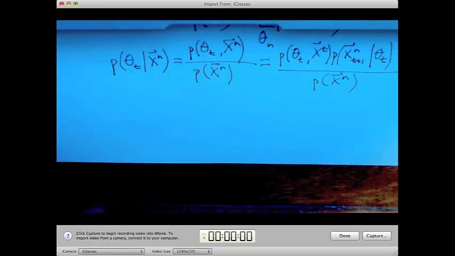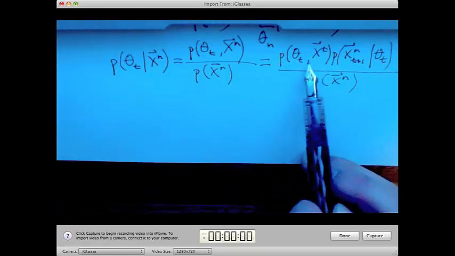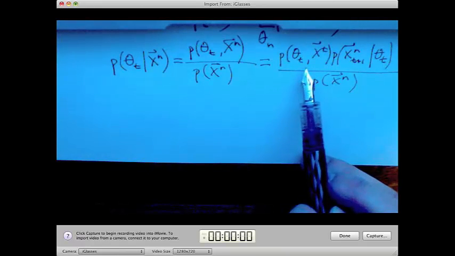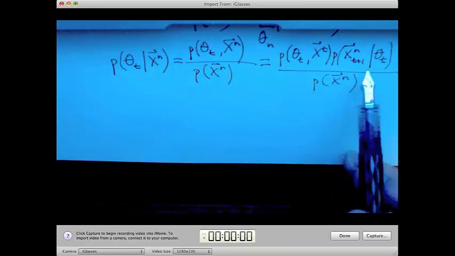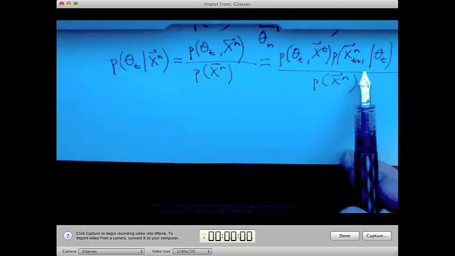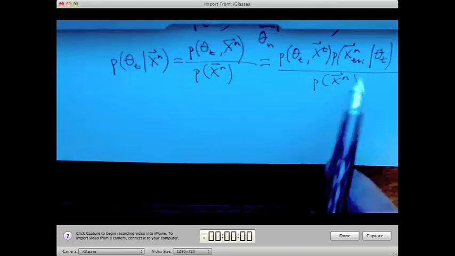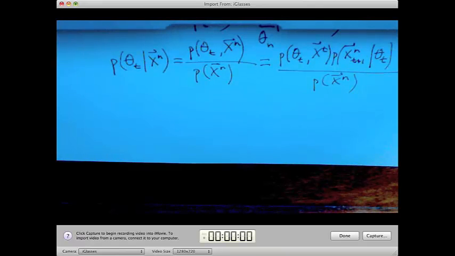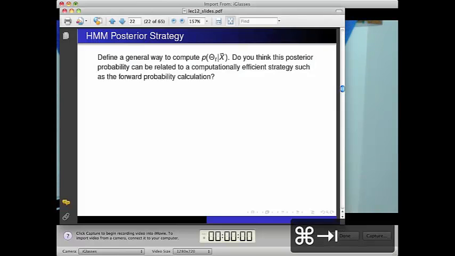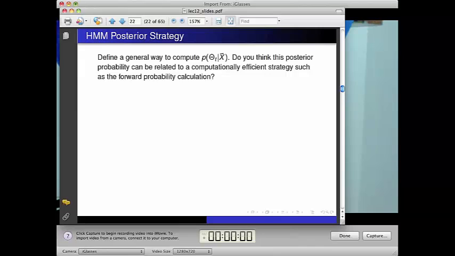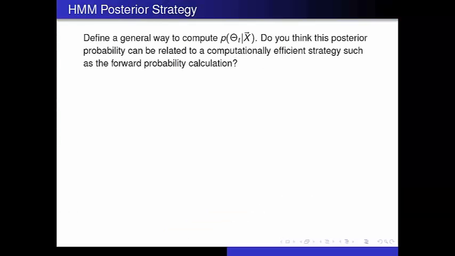Okay, so this part is referred to as the forward probability component. This part is the backwards probability component, and we can derive that backwards probability component by the exact same analogy that we used for the forward probability component.